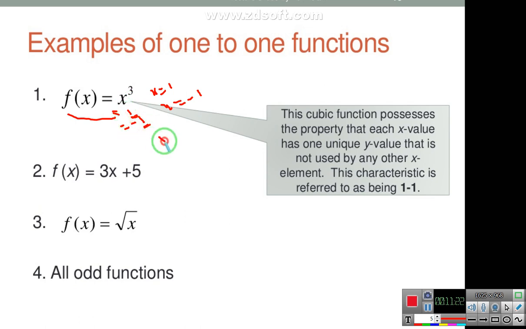For 1 it was 1, for minus 1 it was minus 1, and maybe for 2 it will be 8. So it means that each single input has a different value. So this is called one-to-one function.